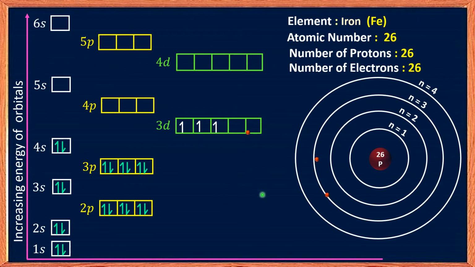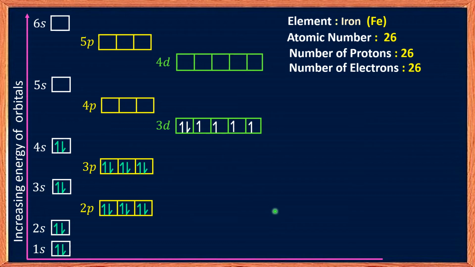Okay, 3. Okay, so 25 electrons have been filled so far. Now the differentiating, that is the last electron, is 26th electron. So 26th electron will pair up with this electron, that is, pairing will be taken place now.